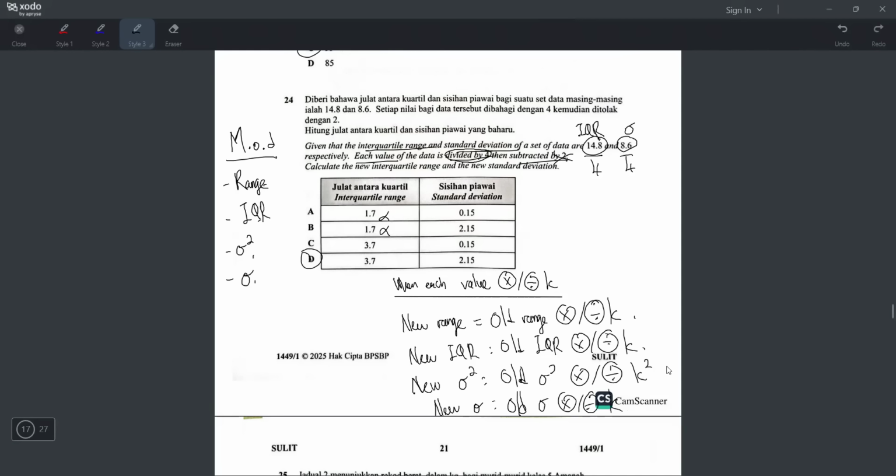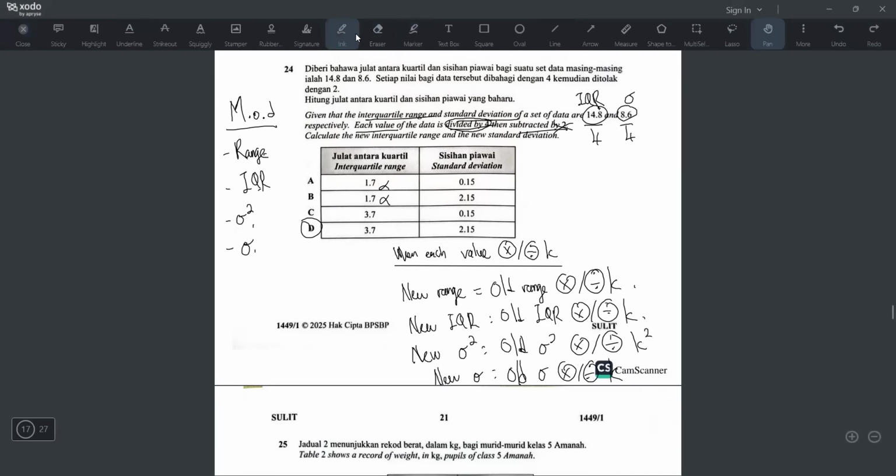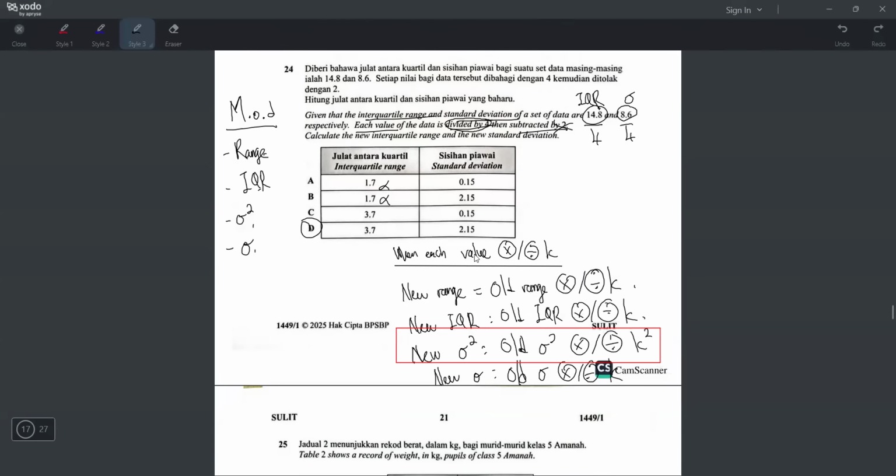Right? So, this is my notes for you. So what you have to take note here? This one. This one. So kalau each value, every single value you darab dengan K ataupun bahagi dengan K, find the new variance, dia akan darab dengan K, bahagi dengan K juga, tapi kena ada square. Ya, for variance saja macam tu. The rest tak ada.